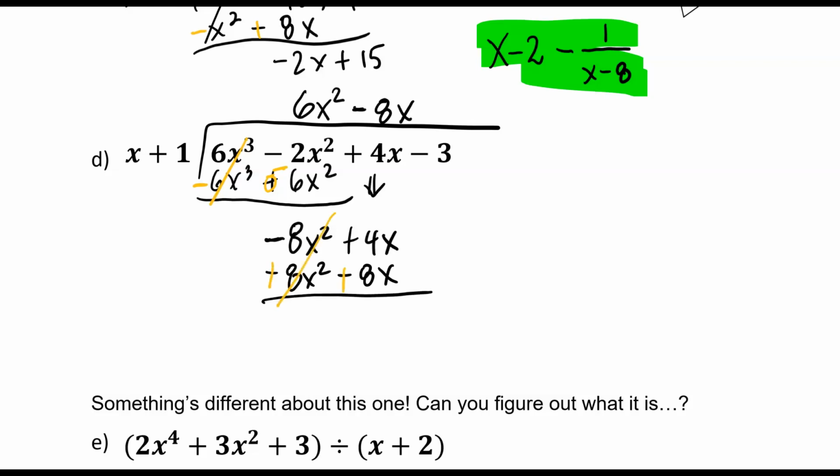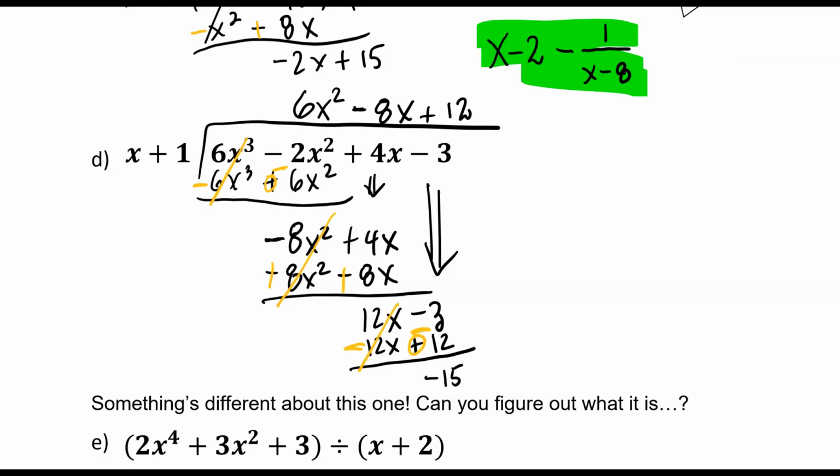That cancels here, but we have 4x plus 8x, which is 12x, and we bring down minus 3 and start over. x times what is 12x? Positive 12. And positive 12 times x plus 1 is 12x plus 12. But don't forget, you have to change those signs. So that cancels, but we have negative 3 minus 12, which is negative 15.